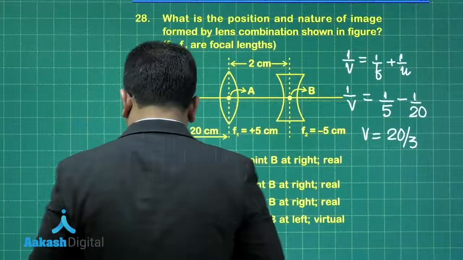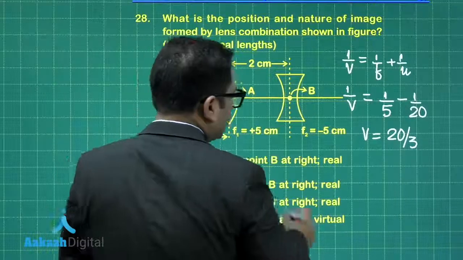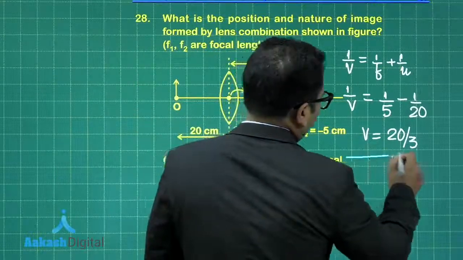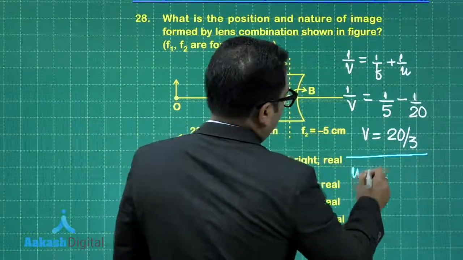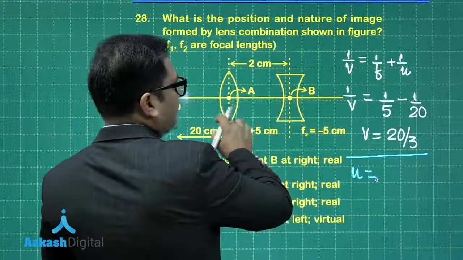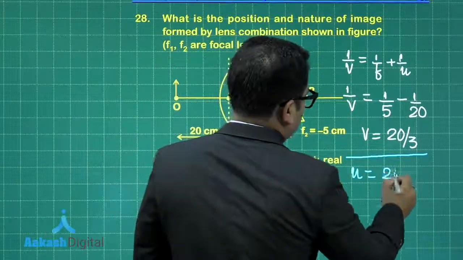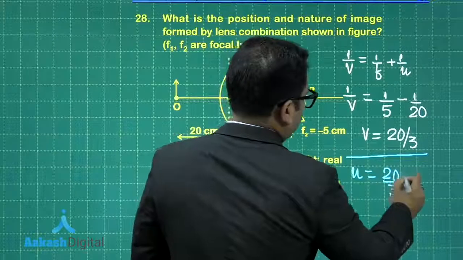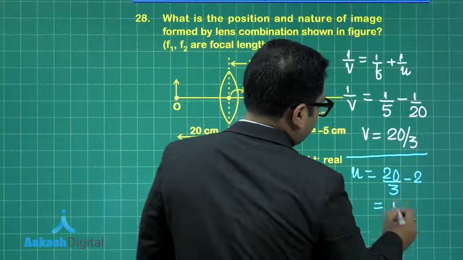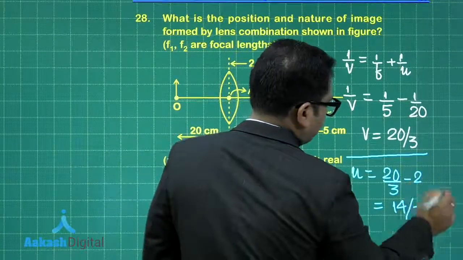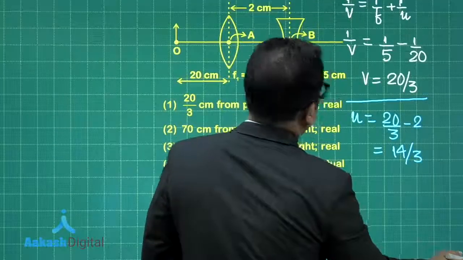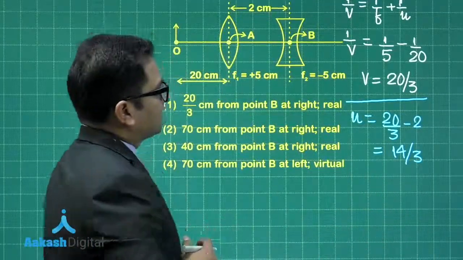So let's talk about the object distance for the concave lens. U would be equal to 20 by 3 minus 2. So that's going to be 14 by 3. That's the object distance for the concave lens.